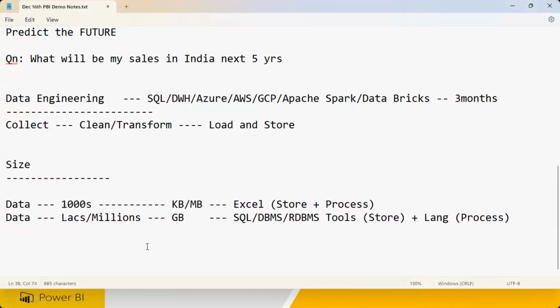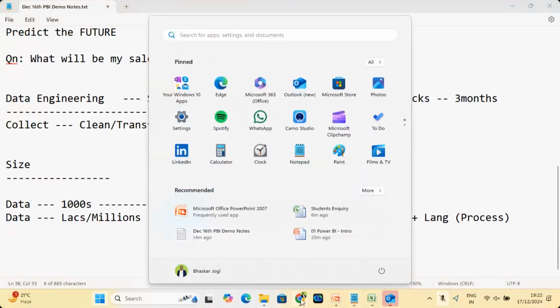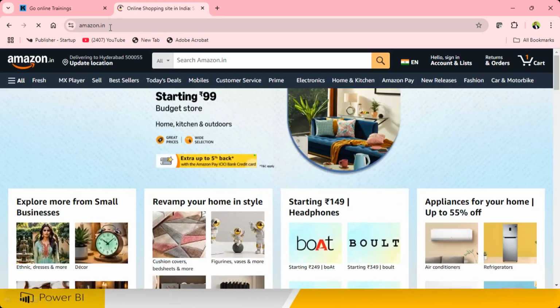Clear? So when you have GBs of data, every month Amazon is getting 300 GB, 400 GB, 500 GB of data every week, every month. GBs of data cannot be stored in an Excel sheet. When you go to Amazon.com and try to buy some product, do you know how Amazon stores the data? It is getting GBs of data.